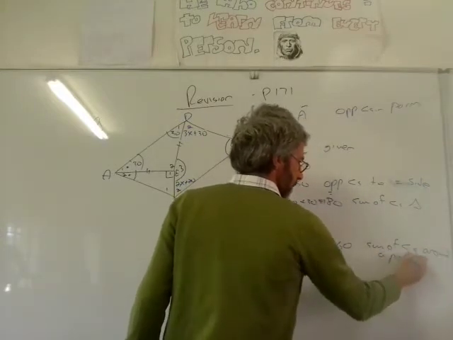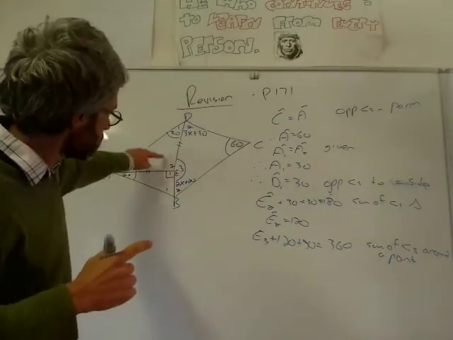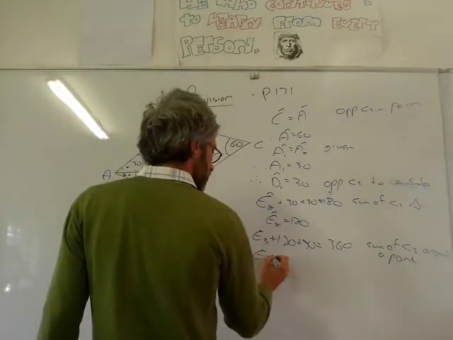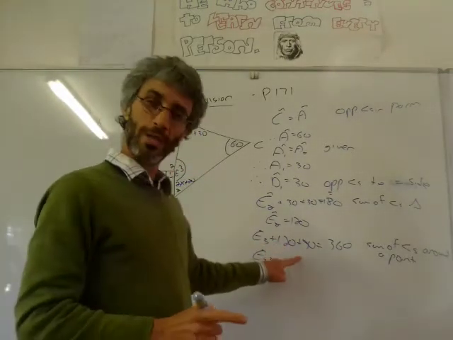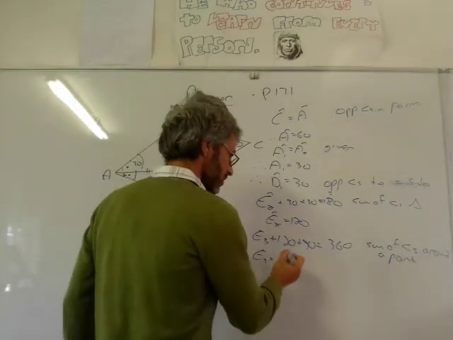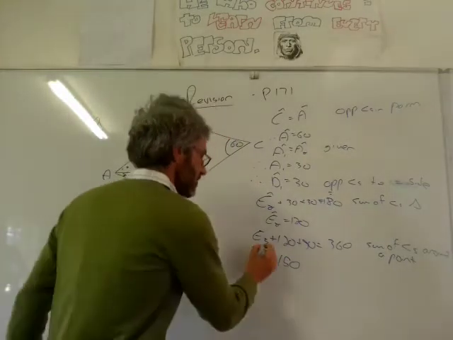We haven't used that much this year, but we did use it more last year. So sum of angles around a point is 360. So what you get is E3 is equal to 360 minus 210, which is 150. E3 is 150.